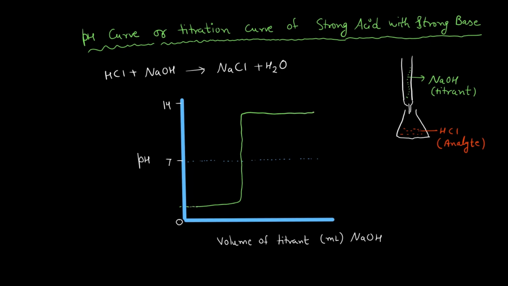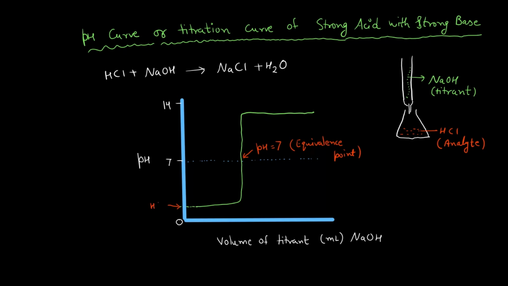Okay, so we see that the midpoint of this sharp rise lies at pH equals 7. This point is called the equivalence point. Our graph started from this point.